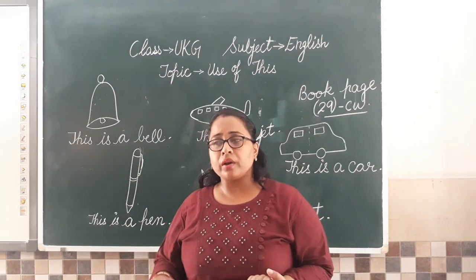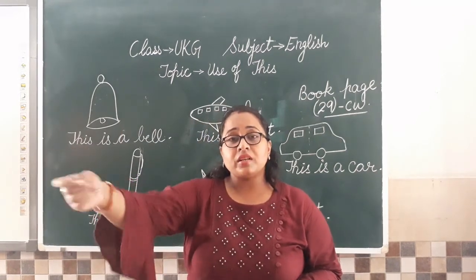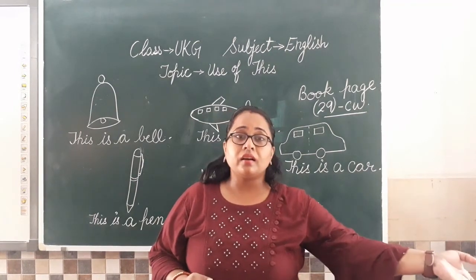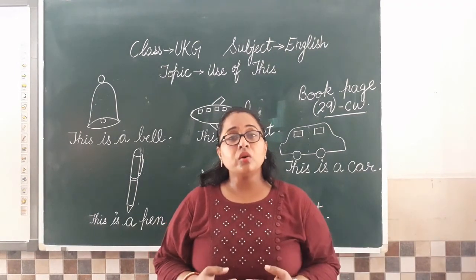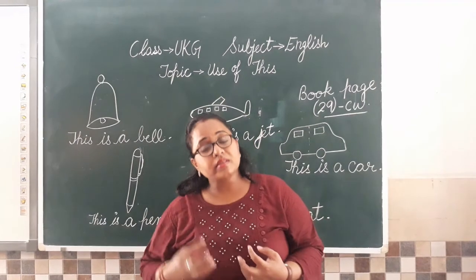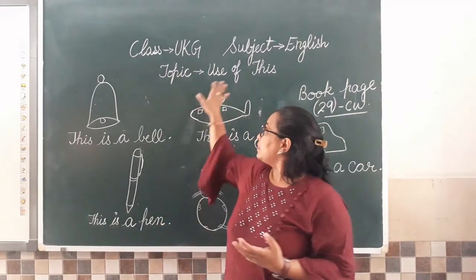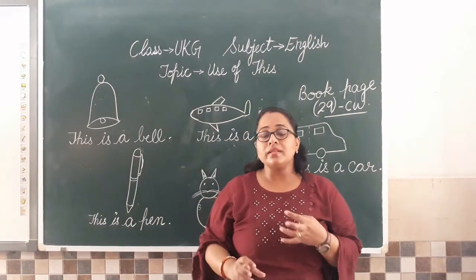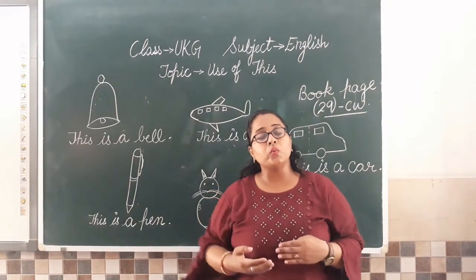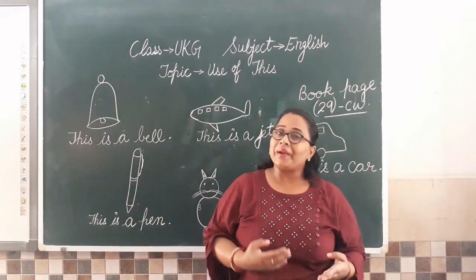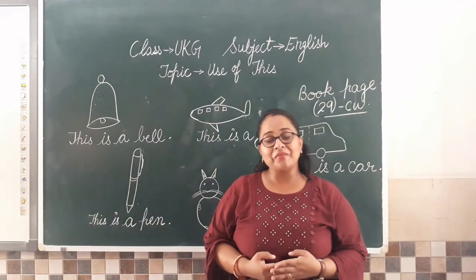This is my toy, that is a television, this is a water bottle. So like this you can understand and use this word this and make small sentences and try to converse in English with your parents. Is that clear to everyone?